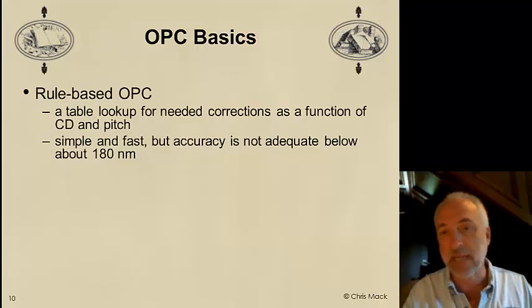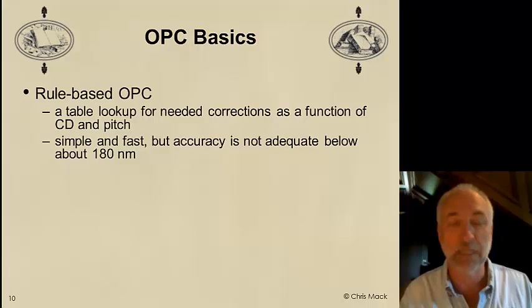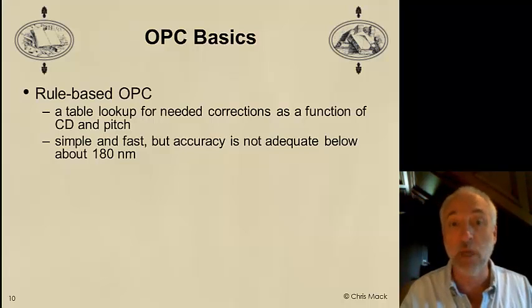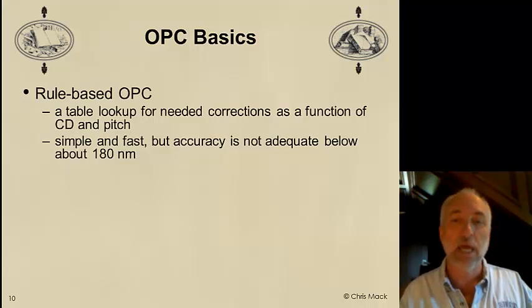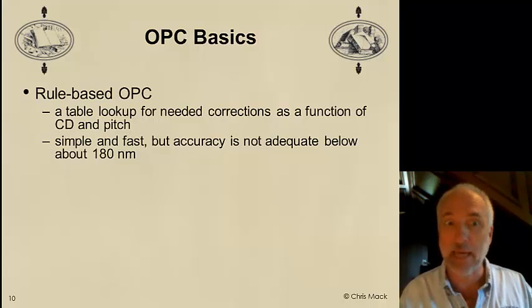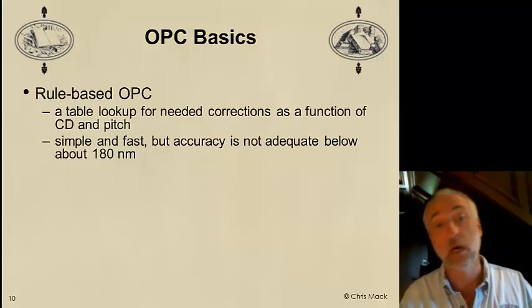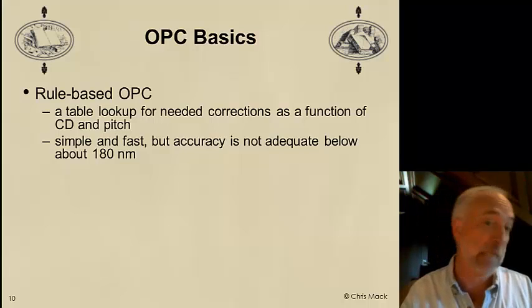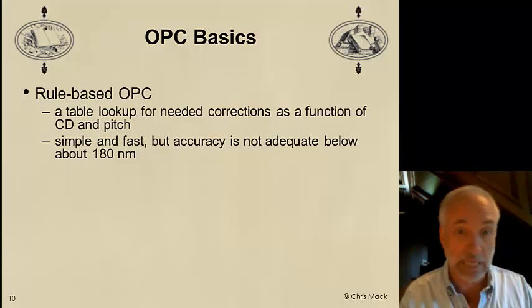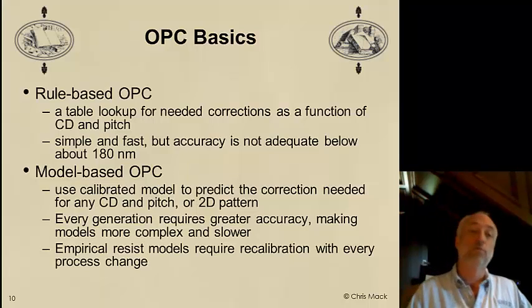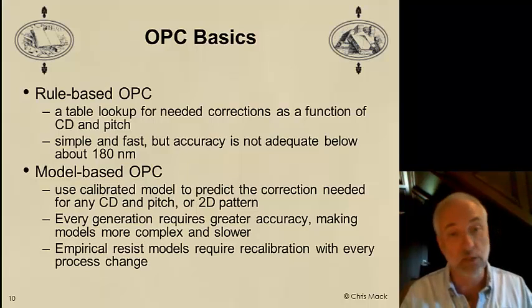It's fast and simple, which makes it cheap to employ, but it's not that accurate, and the accuracy is generally not adequate for the smallest feature sizes we like to use today. In fact, rule-based OPC has been inadequate for on the order of a decade now. Instead, we've moved to a new form of OPC called model-based OPC.